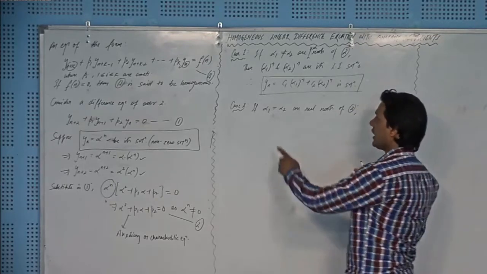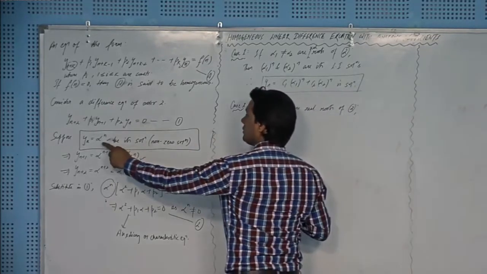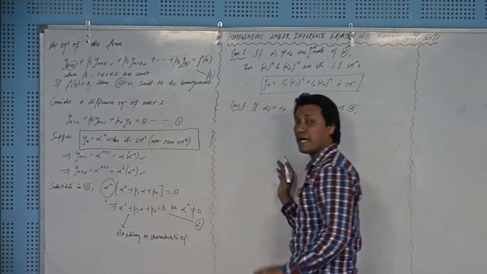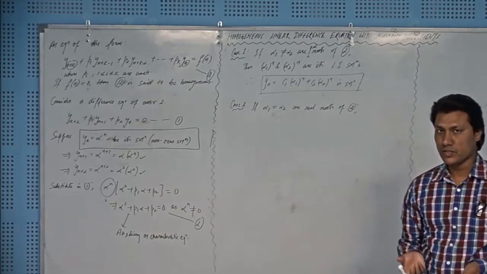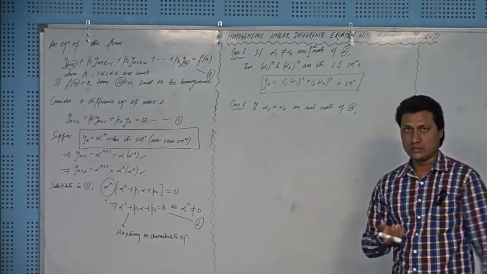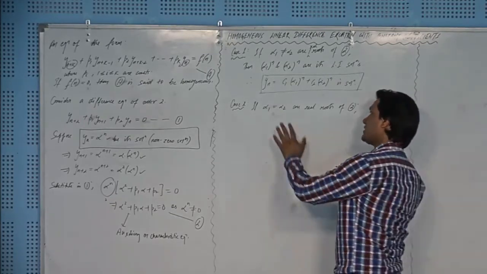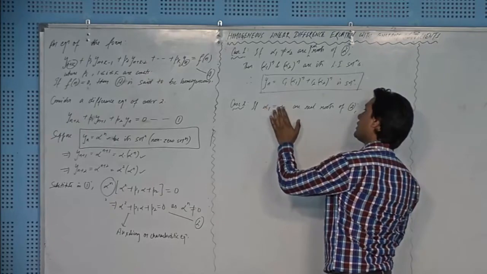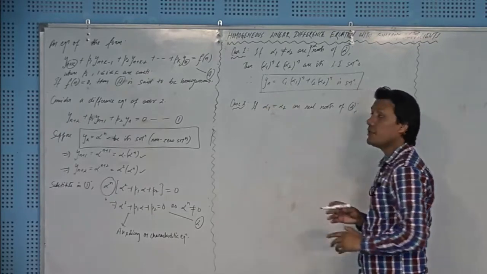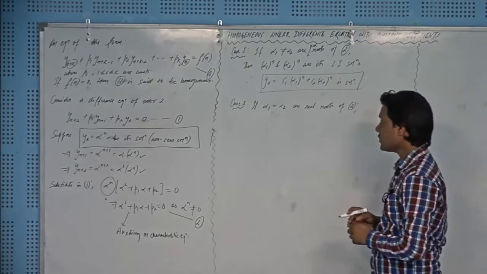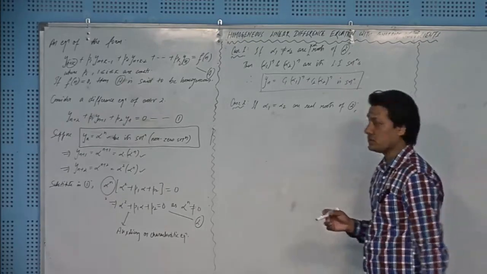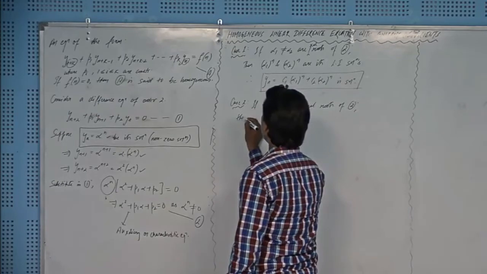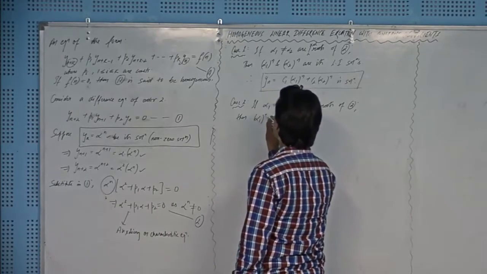In that case, either you write alpha 1 to the power n or alpha 2 to the power n, but they will be dependent, because alpha 1 equal to alpha 2, and when you take their ratio, it will be equal to 1, right? So the two solutions, alpha 1 to the power n and alpha 2 to the power n, are linearly dependent. So I have to seek another solution that should be independent of this one, right?